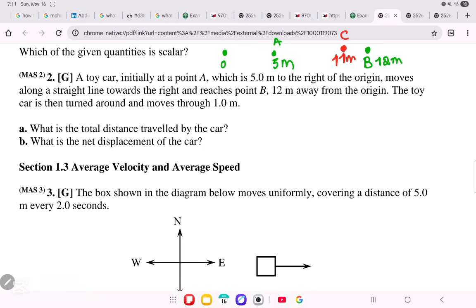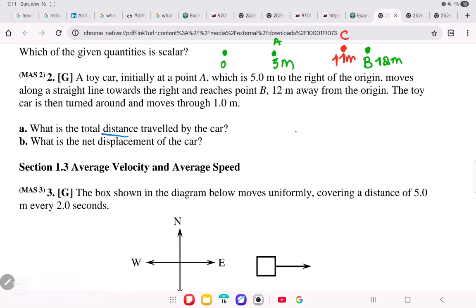Now, they want the total distance traveled by the car. Perfect. First of all, the car moves from the origin all the way to point A. So this is already 5 meters. Then it moves from point A to point B. Oh, my bad. Wait. You see, it's very important to read. I fell into a trick.